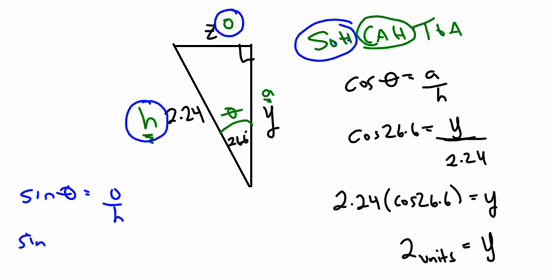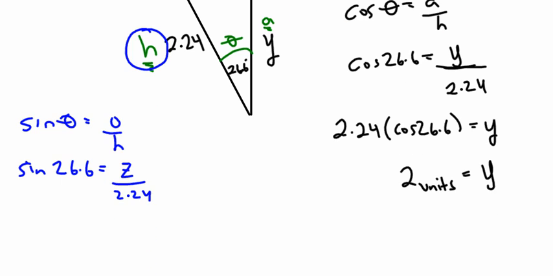So sine of 26.6 is z over 2.24. So multiply both sides by 2.24, and I will know the value of z. Sine 26.6 times 2.24, I get almost exactly 1. So we'll say 1 unit.